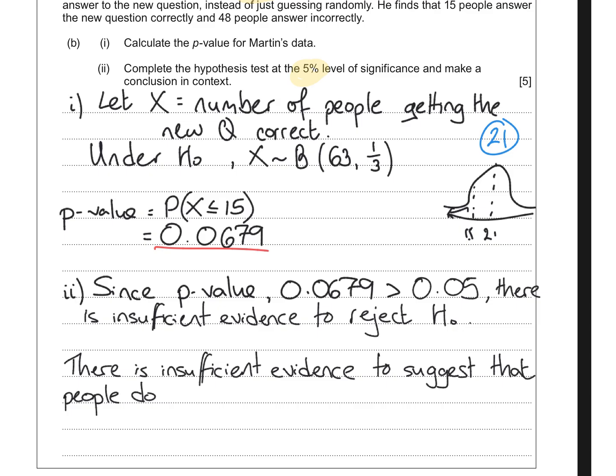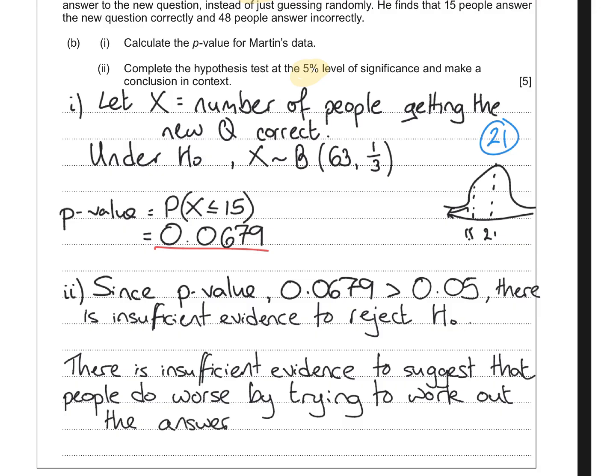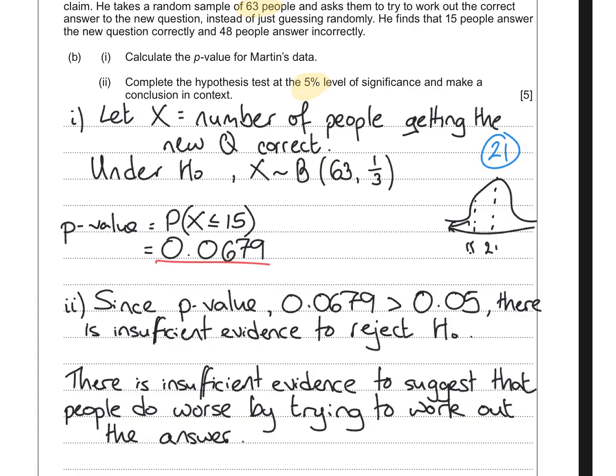Do worse by trying to work out the answer, when compared with randomly guessing. That's part of my issue with this question. I don't understand what that means, but I guess we don't need to really understand the context to get on with answering the question. Okay, there we are, moving on.